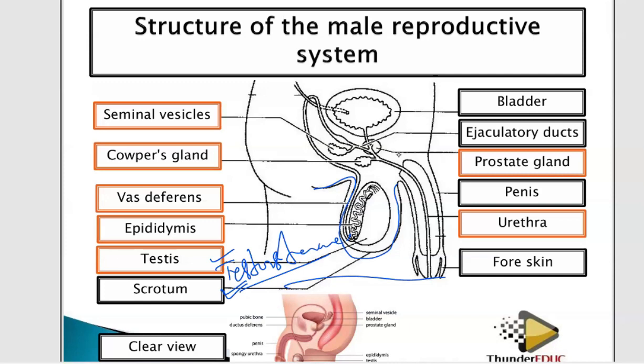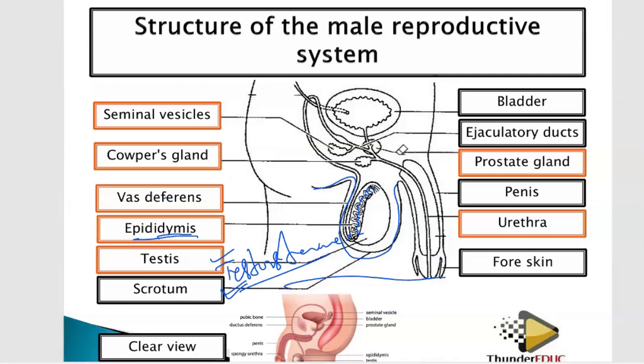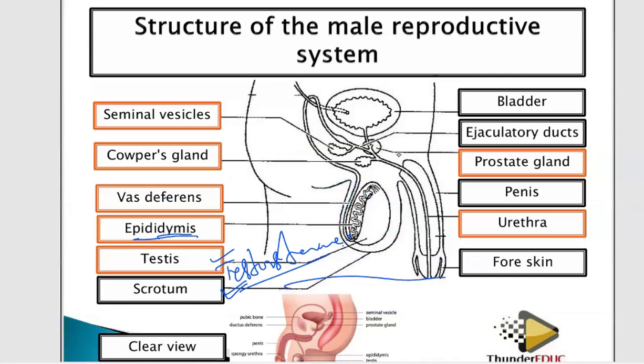You have this coiled part, which we call the epididymis. The function of the epididymis is to store sperms temporarily. Then you have the vas deferens, the tube, which connects the epididymis to the ejaculatory duct or the urethra.